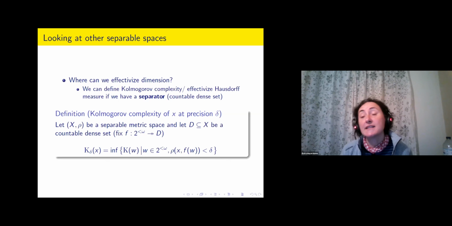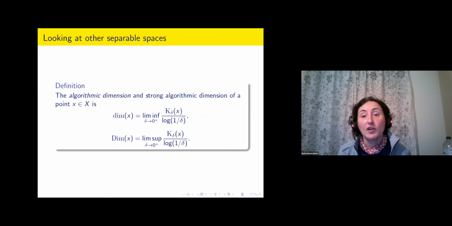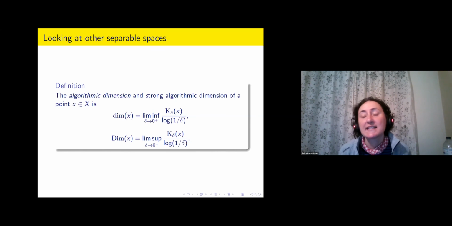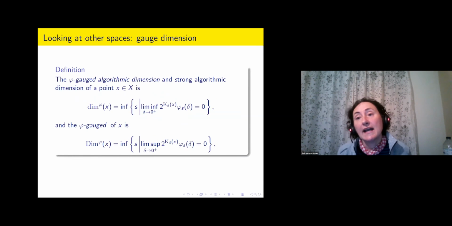So once you have this, you clearly can define effective dimension and strong effective dimension exactly in the same way as before. Actually, the definition is just exactly the same. You just change that you are in a different space X now. And another extension that you can do is to do it for a gauge dimension.